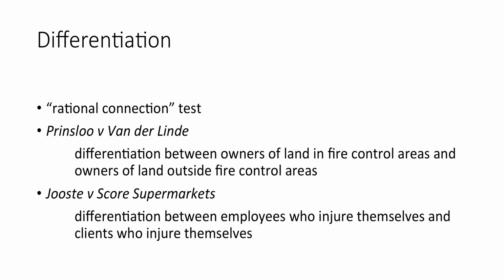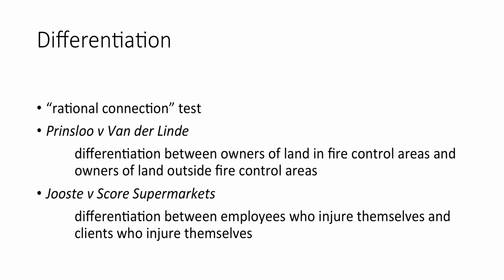But you distinguish, in the first example, you need to distinguish between owners of land in fire controlled areas and owners of land outside of those areas. There's no prohibited ground there that you can find in section 9.3, or where you can use a dignity test to recognize a ground. Same with the USTA case.